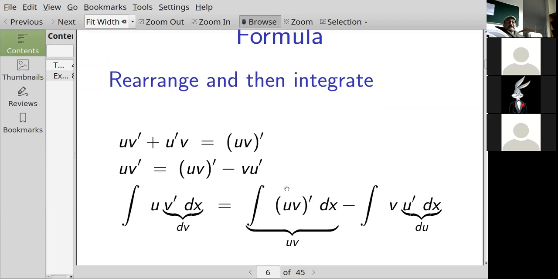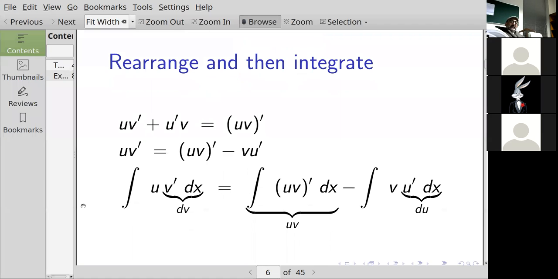Now I want to integrate, so I'll put an integral around it. Then the integral of u v prime dx is equal to the integral of (uv)' dx minus the integral of v u prime dx.